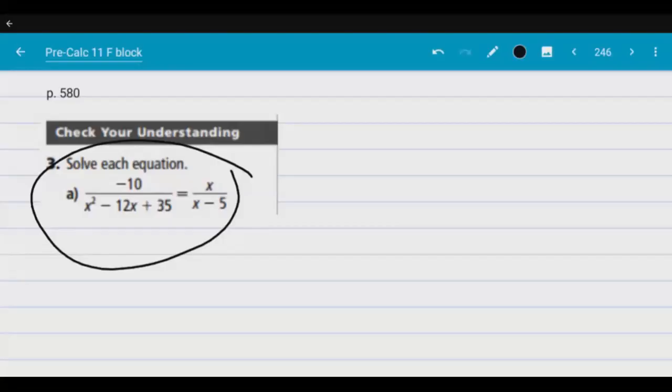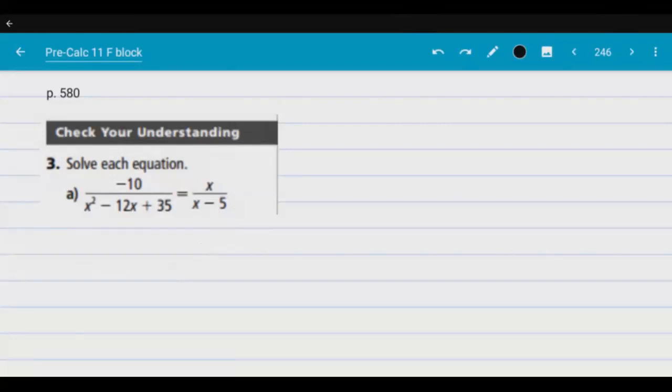Here we go. So, guys, before I begin with this, I would just like to recall what we did in check understanding number 2. Instead of multiplying both sides right away by a binomial or two binomials, it is always nice to factor out the denominator to figure out maybe there is a particular binomial that you will see.